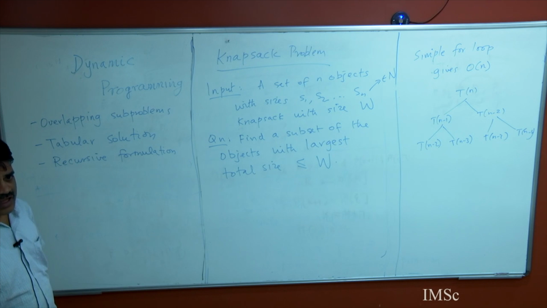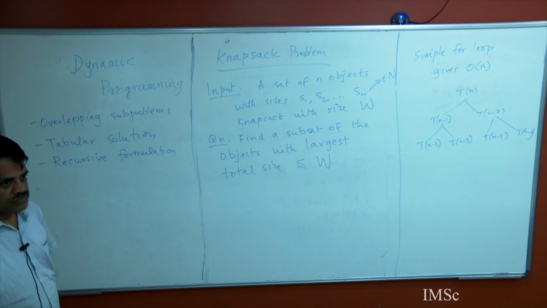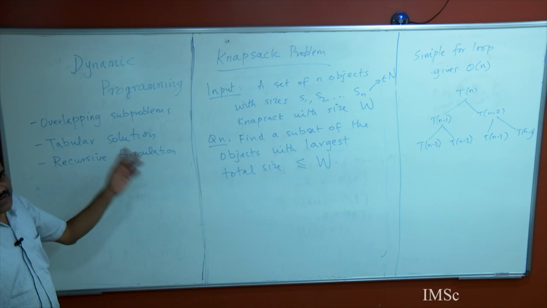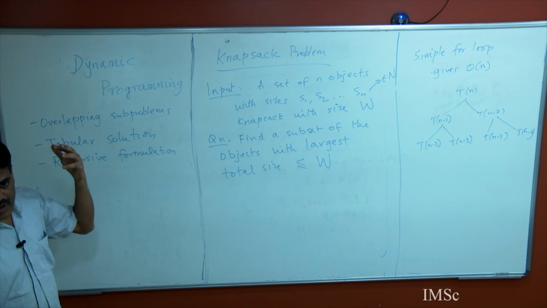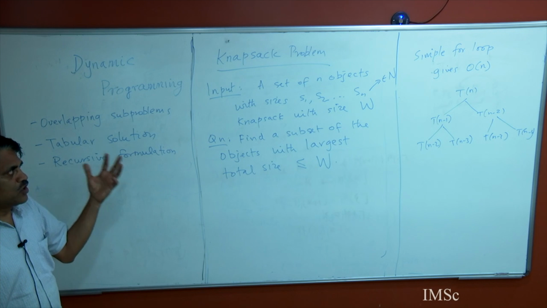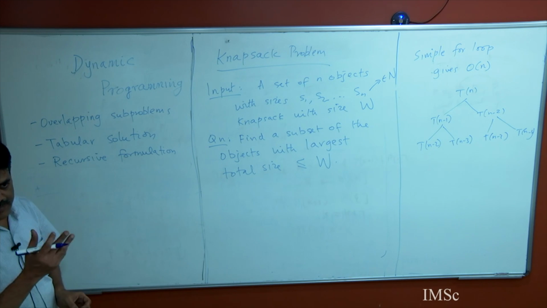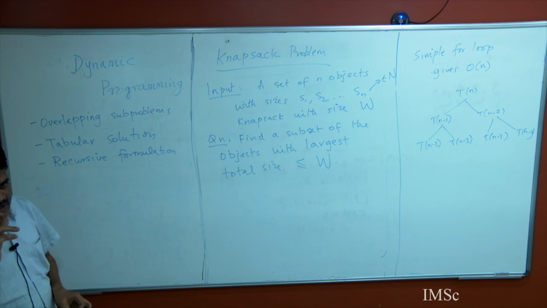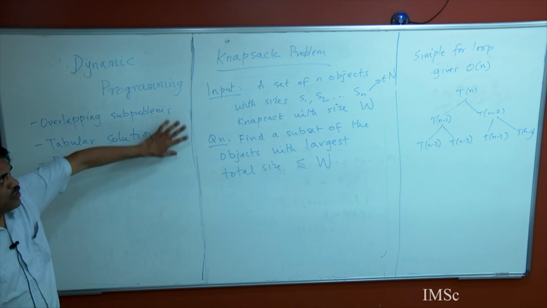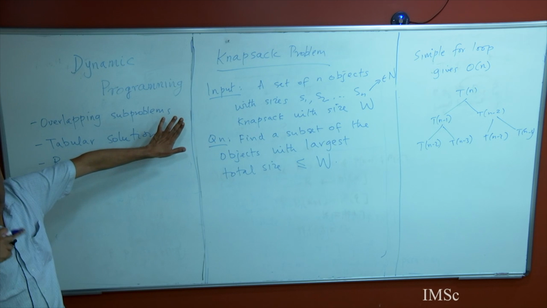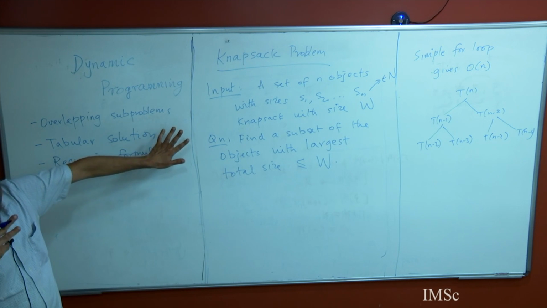What would be a brute force algorithm? Take all subsets of 1 to n, add them up. If the total weight is less than or equal to W, keep track of it. If not, throw it out, and when you keep track of it, find the largest among them, right. So, that will give you a 2 power n algorithm because you are running over all possible subsets.